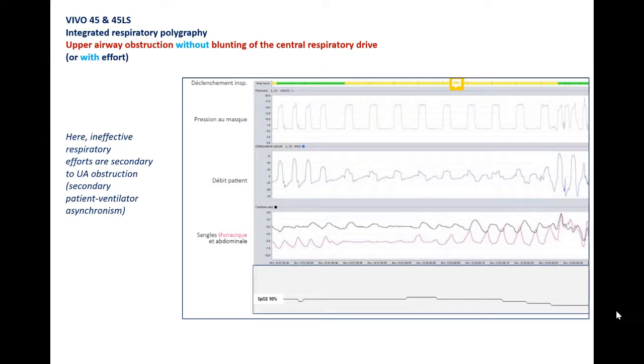These abdominal-thoracic features I mentioned, out of phase or paradoxical movements, are the proof of respiratory fighting, the proof of patient effort, making here the diagnosis of upper airway obstruction without blunting of the central respiratory drive.